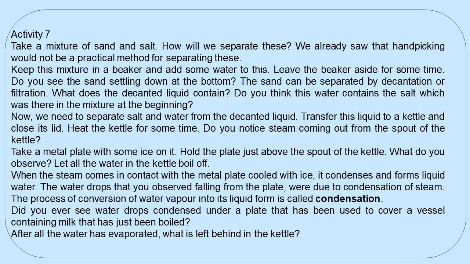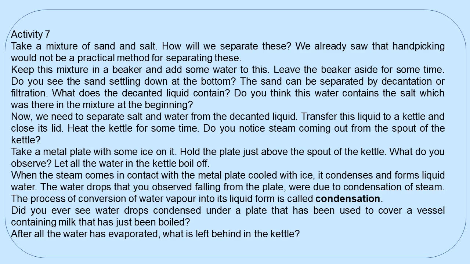And what do you observe? Let all the water in the kettle boil off. When the steam comes in contact with the metal plate cooled with ice, it condenses and forms liquid water. So the water drops that you observed falling from the plate were due to condensation of the steam.